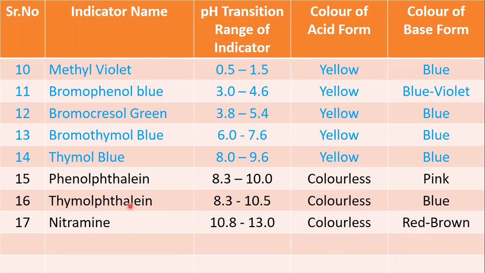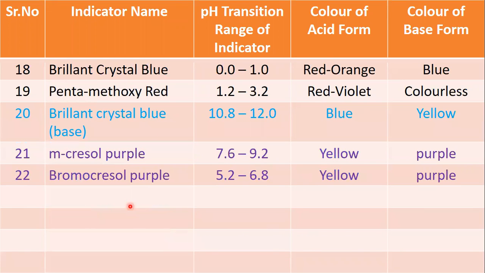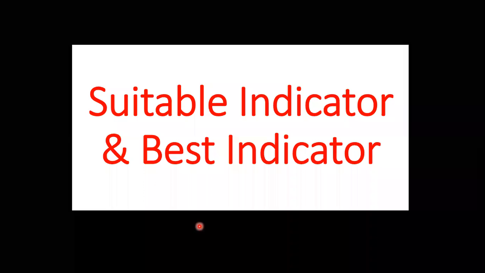So this is a one-color indicator, and the remaining is brilliant crystal blue and pentamethoxy red. It has red color in acid form, blue in base form, and colorless for pentamethoxy red, similarly. Read once or twice and you will remember these things. What do you need to remember? The indicator name and the color of the acid form and base form of the indicator. Now let us move further. Next topic is a very important topic.